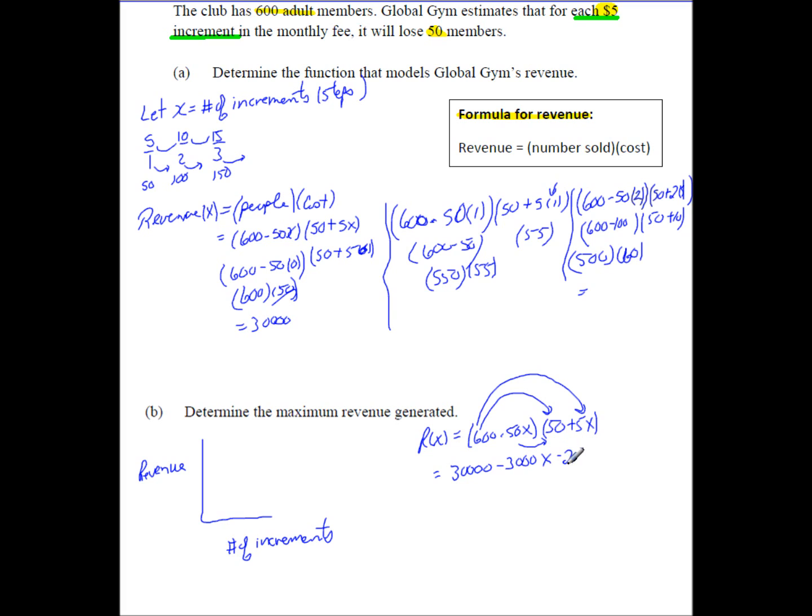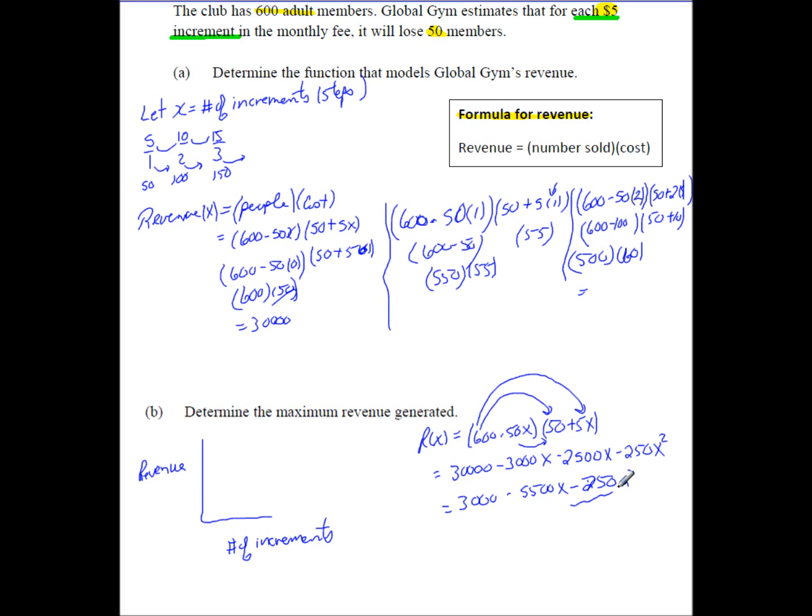So negative 2,500x, subtract 250x squared. So 30,000, subtract 5,500x, subtract 250x squared.